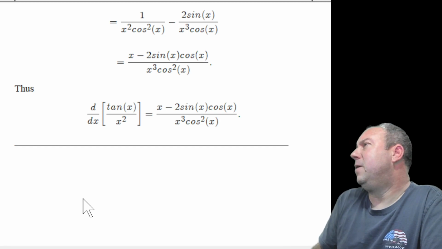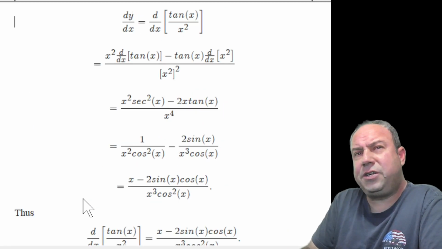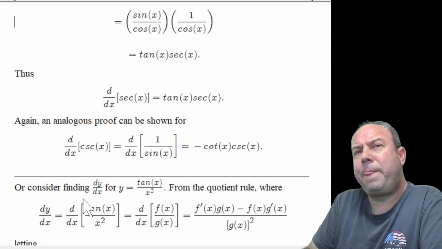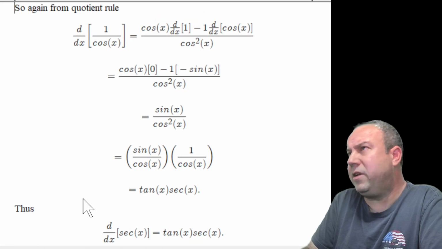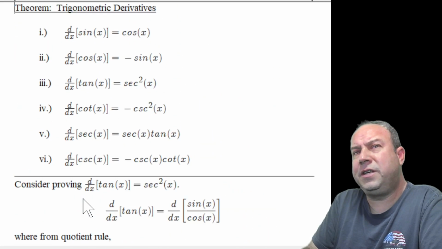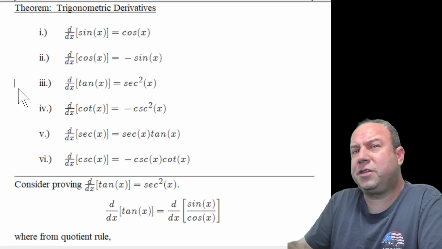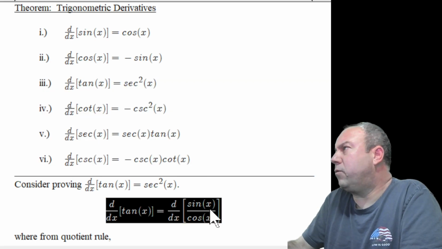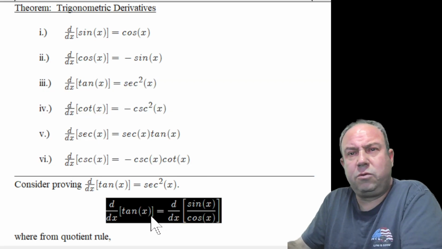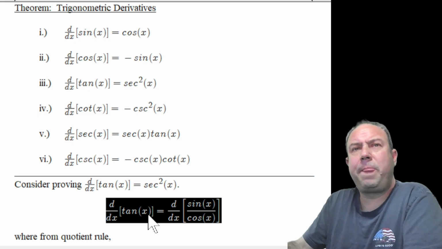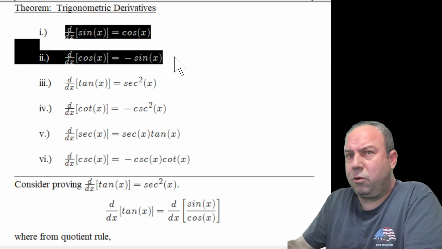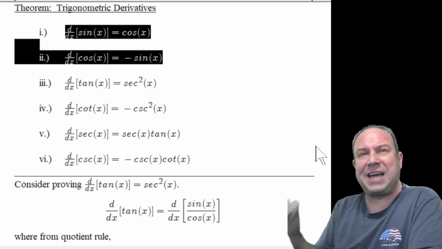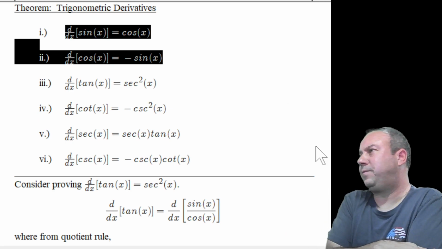But again, what we've just seen a presentation of with an example here at the end are the derivative results for our four trig functions that remained: the tangent, the cotangent, the secant, and the cosecant, where we were able to work through those proofs using the quotient rule and our knowledge of the sine and cosine derivatives.